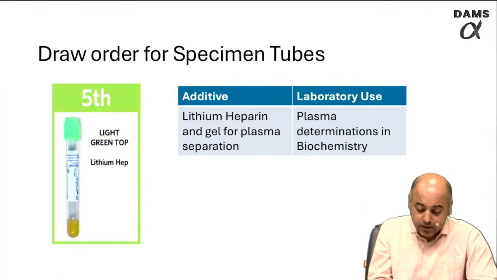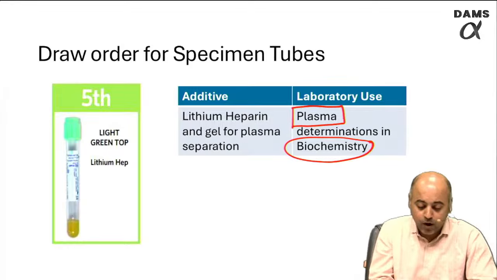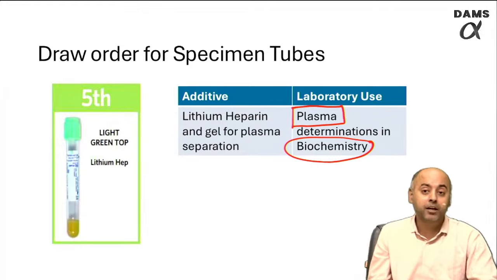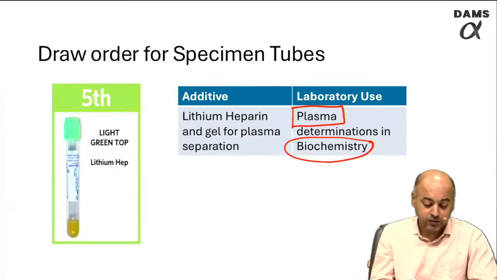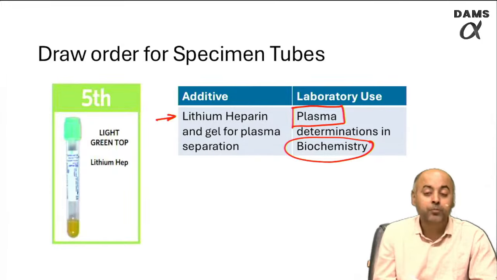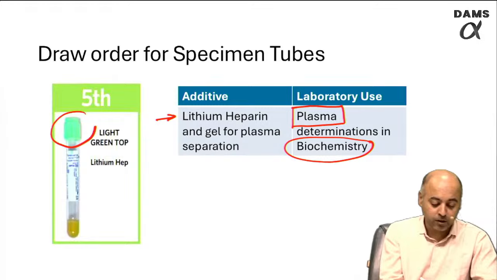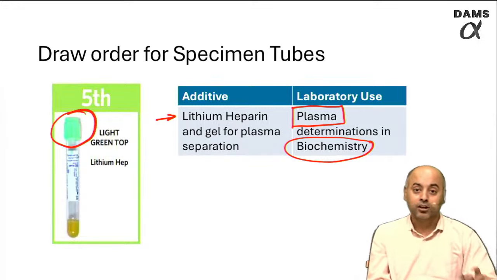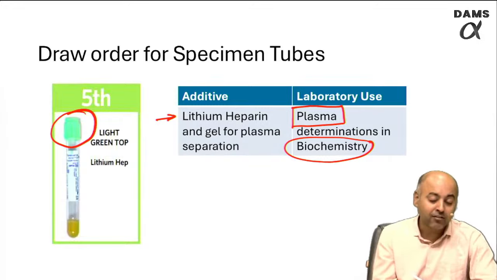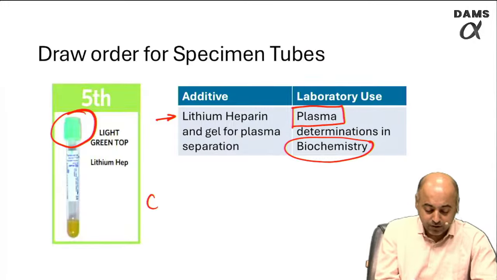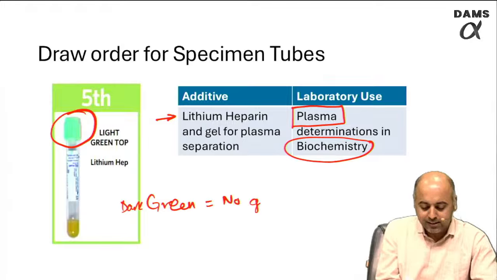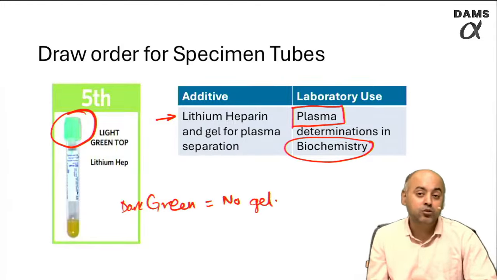For some determinations in biochemistry, plasma is required. Okay, so where plasma is required for biochemical testing, we use lithium heparin as the additive. The common color of the cap is green. You can have either the light green, or you can even have the dark green vial. In the dark green vial, no gel is there, otherwise everything is similar to the light green vial.